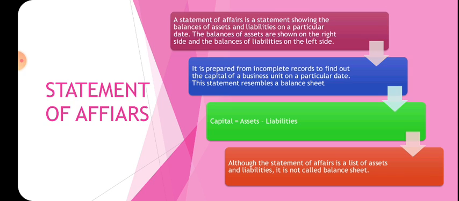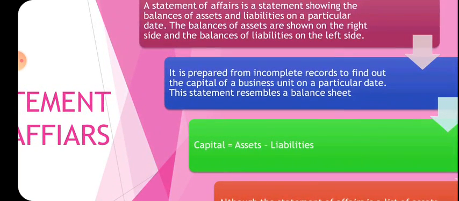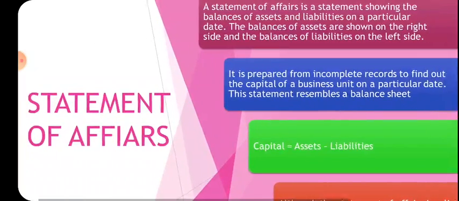This statement of affairs is prepared from incomplete records to find out the capital of the business on a particular date. Though this statement resembles a balance sheet, the balance sheet will be tallied, but this statement of affairs will not tally.